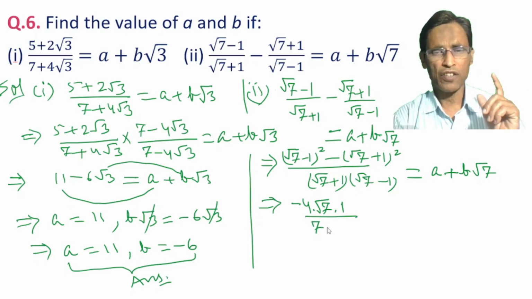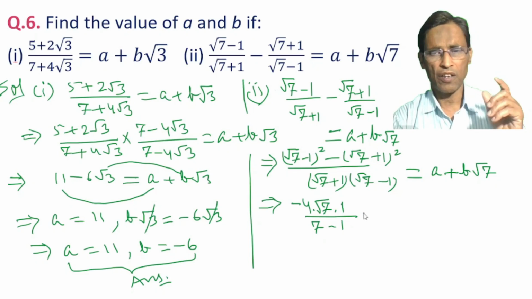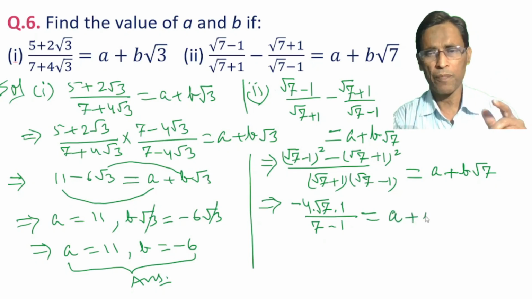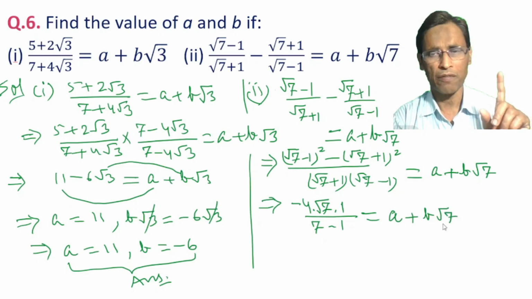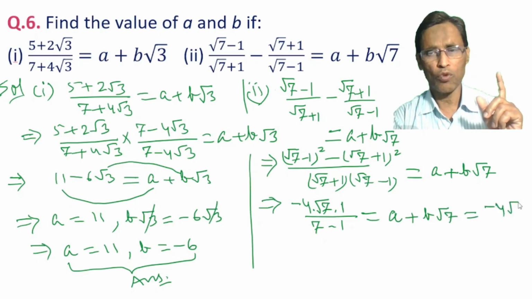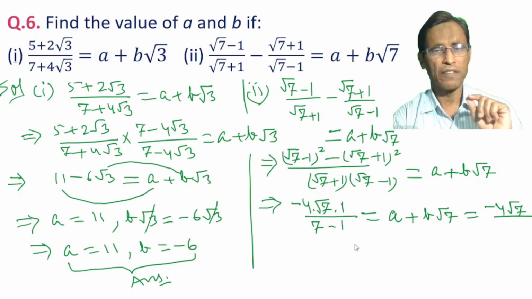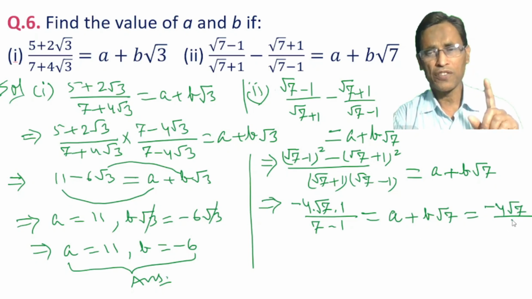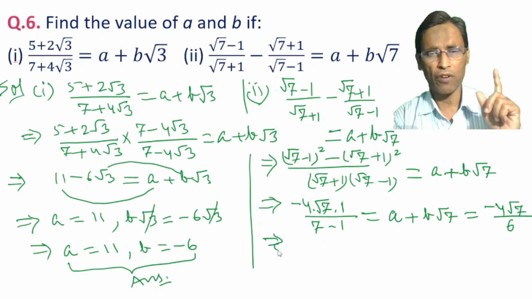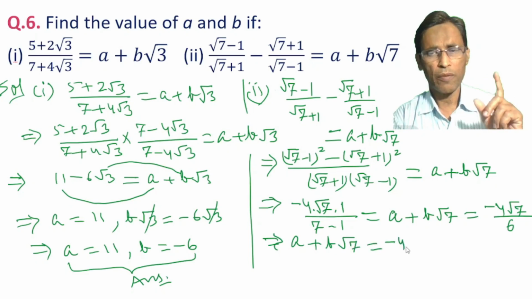So a plus b root 7 equals minus 4 root 7 by 7 minus 1, which gives 6. Therefore, we have the equation a plus b root 7 equal to minus 4 root 7 by 6.